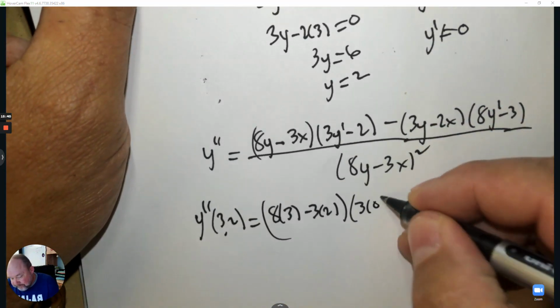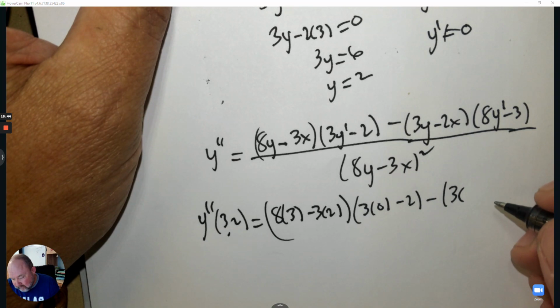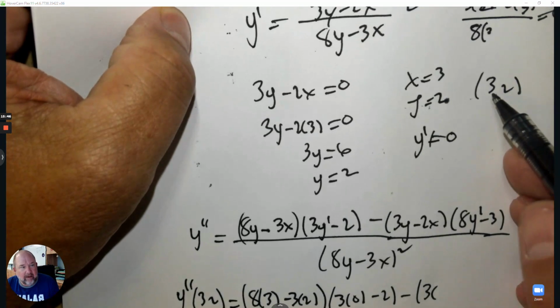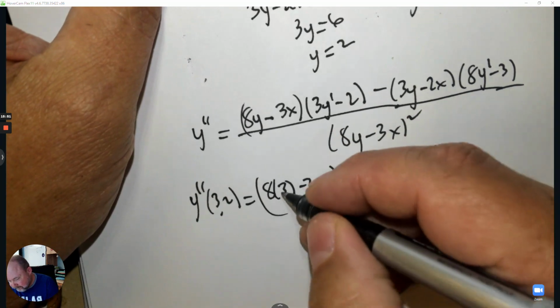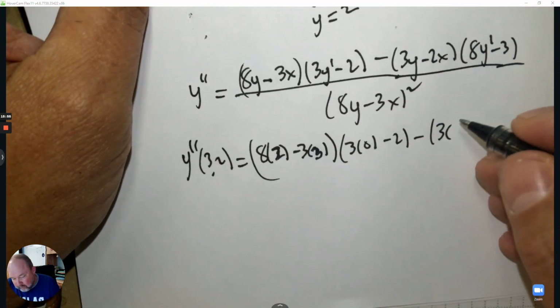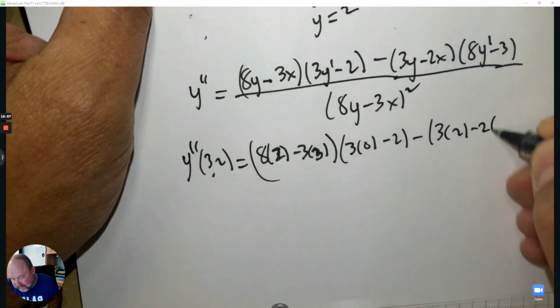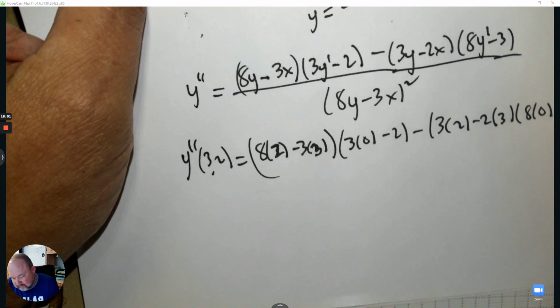So that's 0. And then we just keep plugging in. Oh, I'm plugging in wrong. So x is 3 and y is 2. The derivative is 0.